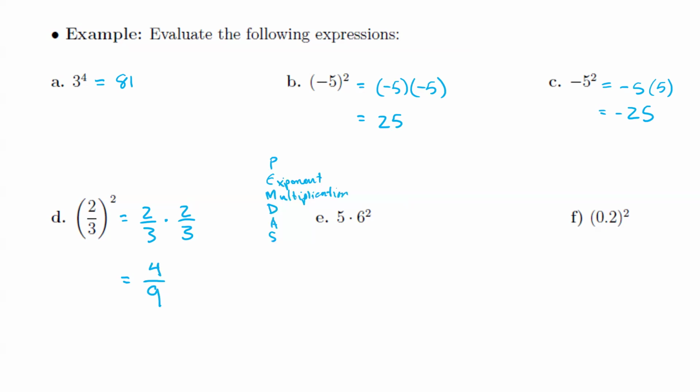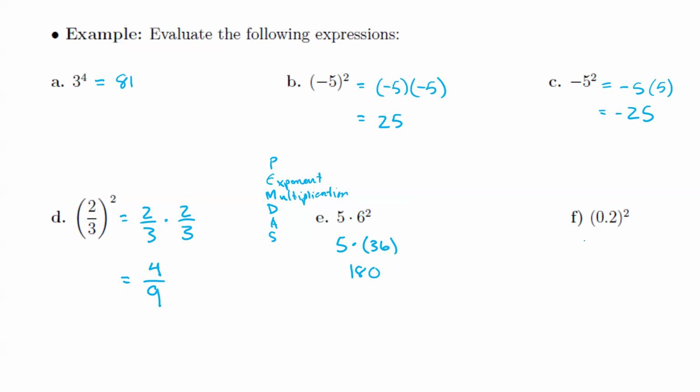So exponents always come before multiplication. If you were working this problem out, the first thing you would do would be to say, what's 6 to the second power? Of course, that's 36. And then after that, you multiply 5 times 36 and get 180. Okay. If you multiplied the 5 and the 6 first, you'd get a completely different answer there.